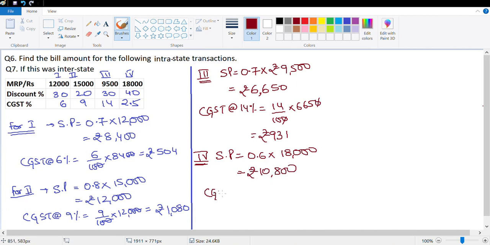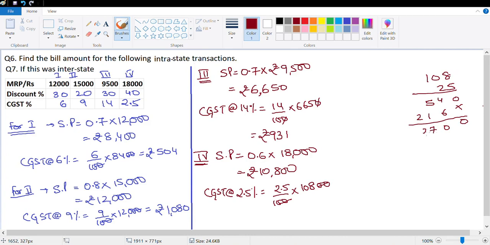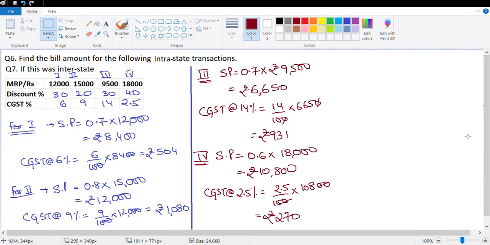And CGST will be at the rate of 2.5%, which is 2.5 upon 100 into 10,800, and that's 108 into 2.5, which gives us 270. This is rupees 270. So that's the basic calculation, which will be the value of CGST.